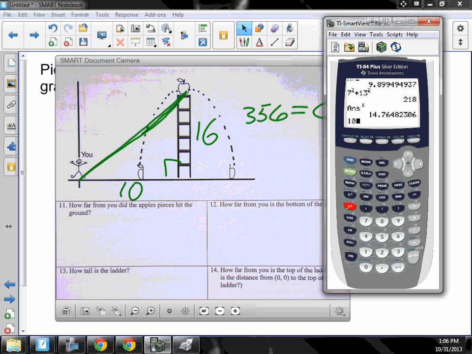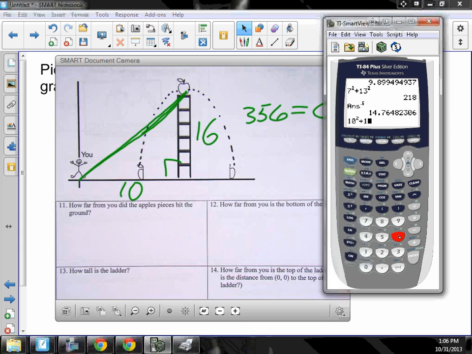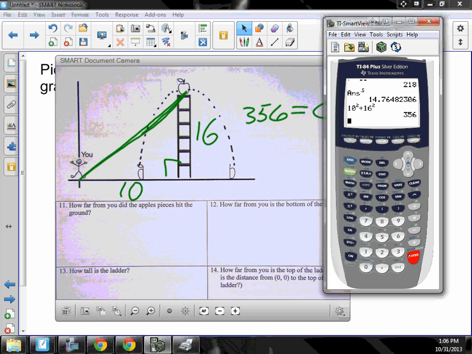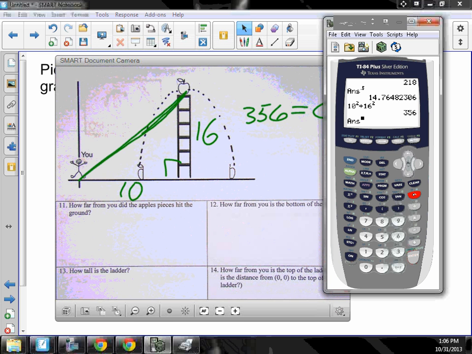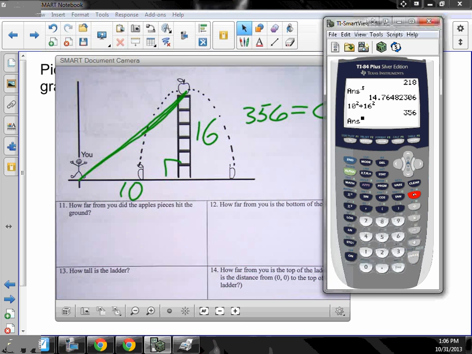I like to do this because it's a little bit faster. 10 squared plus 16 squared. I don't want to push second, square root, second answer, because I'm really lazy. I can just do raised to a power. What is the square root as a fractional exponent? 1/2, so 0.5. And that'll save you some time.